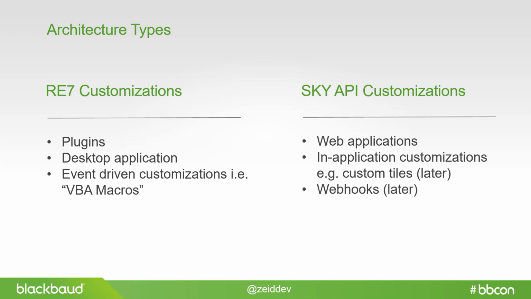You can also have event-driven customizations, otherwise perhaps known as VBA macros. What does that mean? Well, when you go to save a constituent, all of a sudden Raiser's Edge will say, is anybody listening to this save? Does anybody want to know about it? Yes, that application over there does. I'll send it a message, and it can react to it.